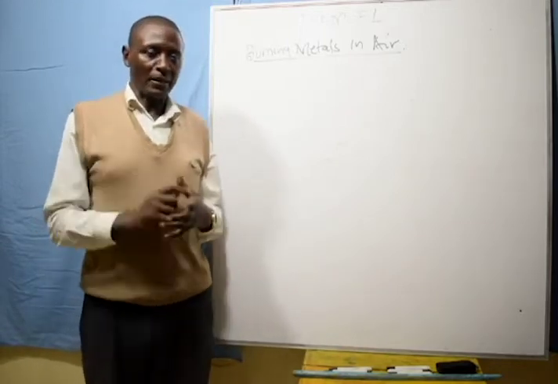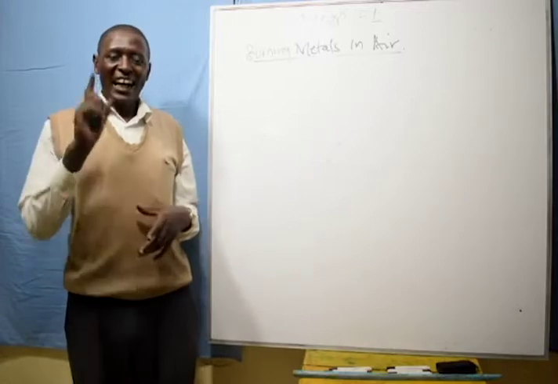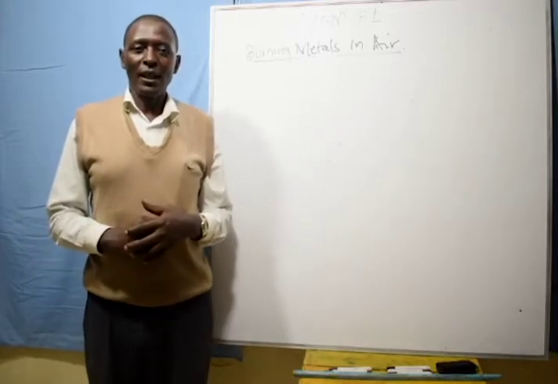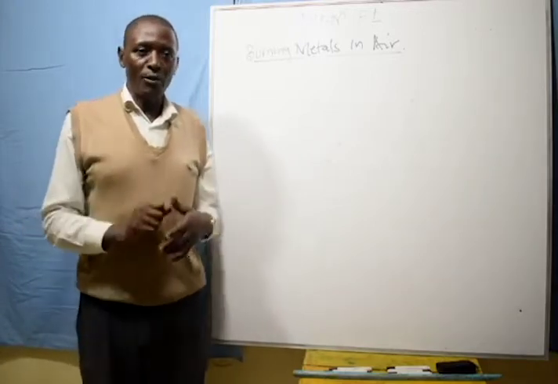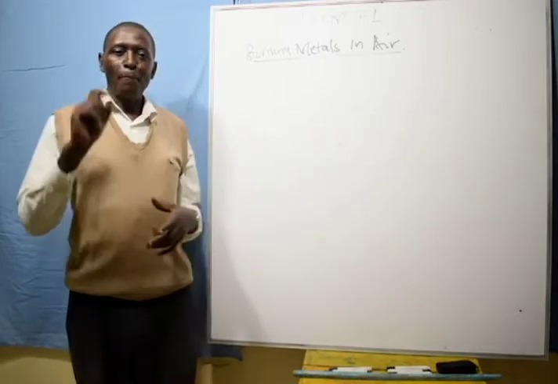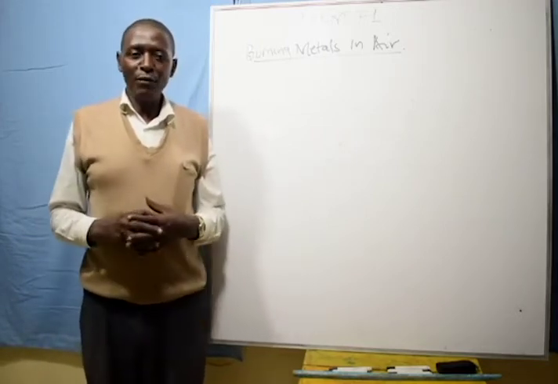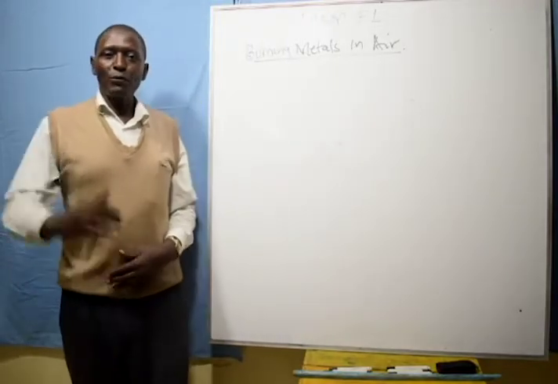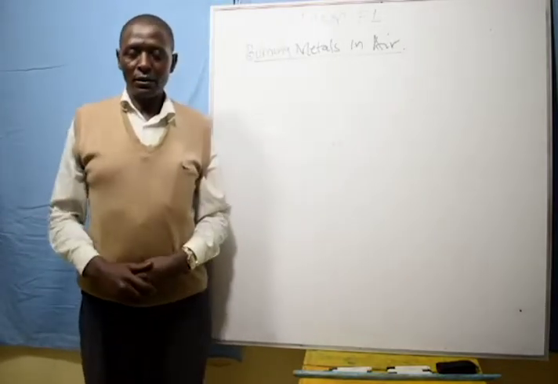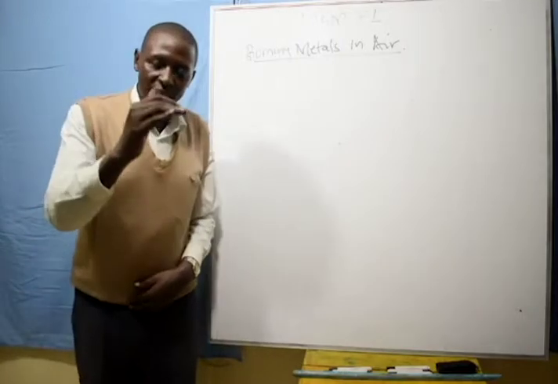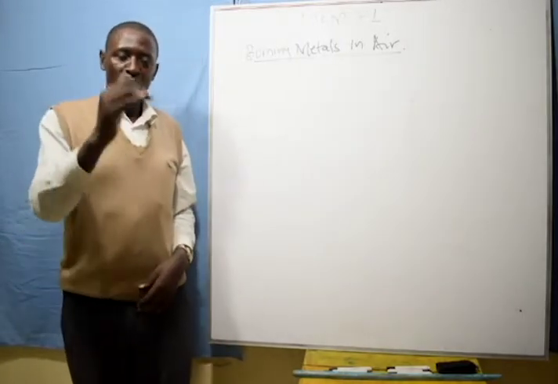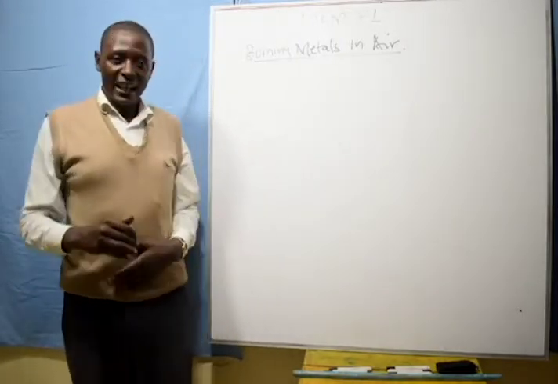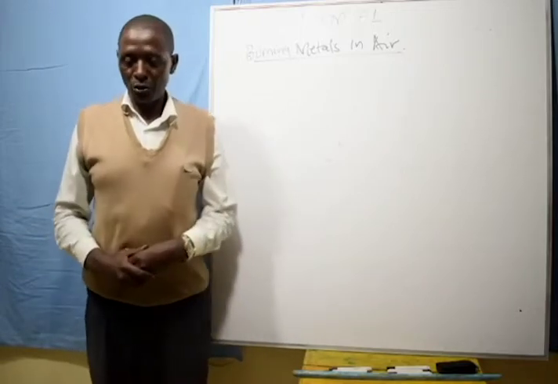Repeat the experiment using calcium, then magnesium ribbon, a piece of iron, and finally a piece of copper. I've talked of 5 metals. And then, just like in sodium, make your observations, and then let's draw our conclusion.